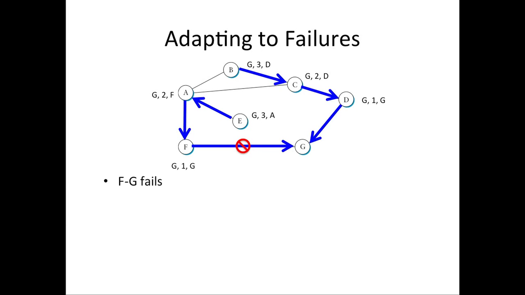But in distance vector routing protocol, is there a provision to tell everyone, okay, this link FG failed? No. So what's the only thing that we're allowed to advertise? For a given destination, what is the cost? Or what is the distance, right?